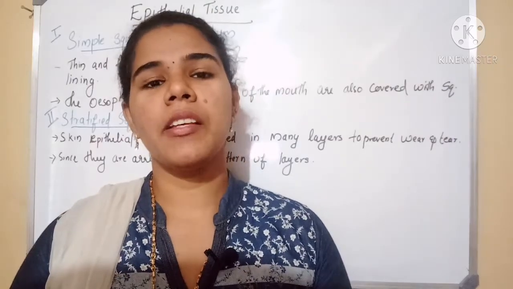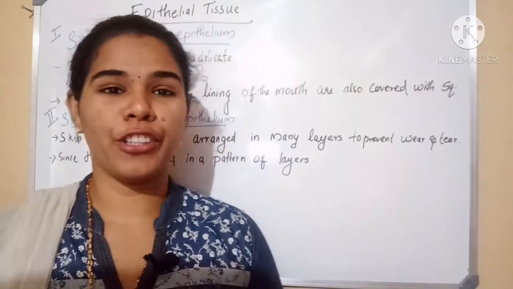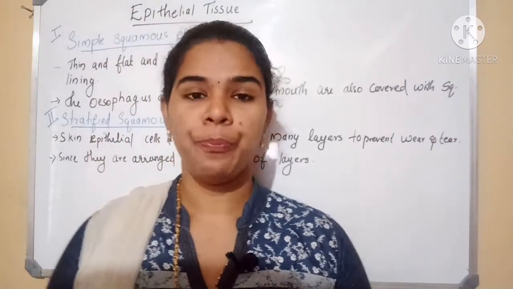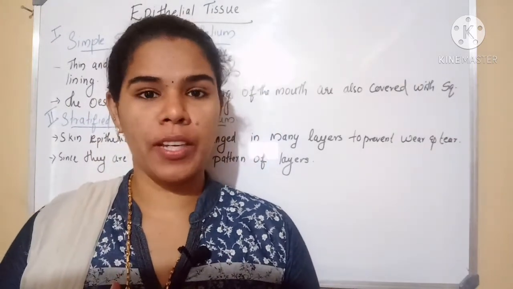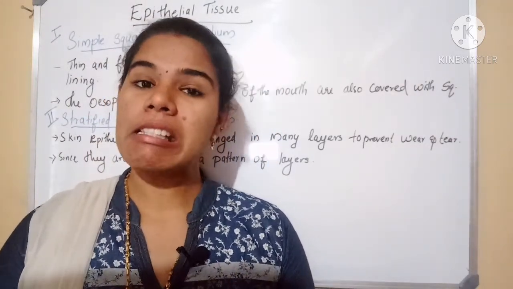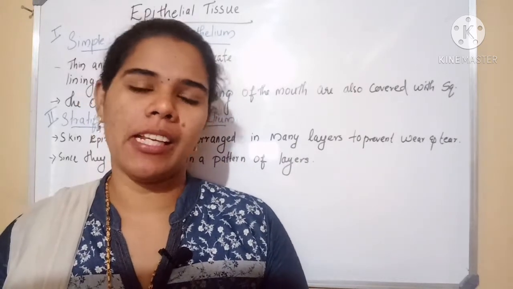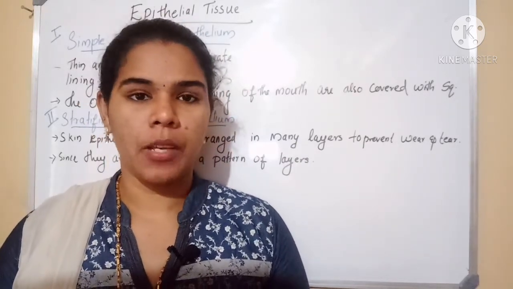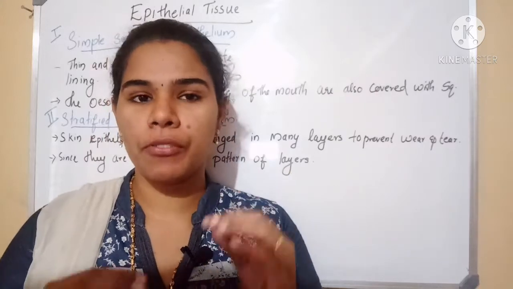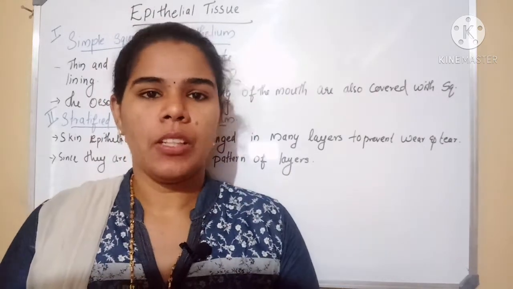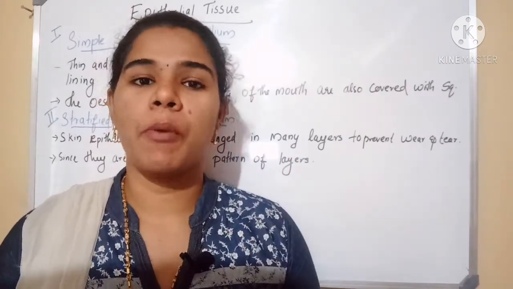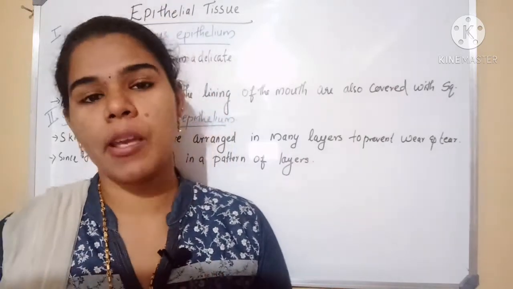Some of the epithelia are again classified according to their function and structure into 2. So in total there are 6 types of epithelial tissue: the main 4 types, and some of them are again classified. First we discuss the first one, squamous epithelium.